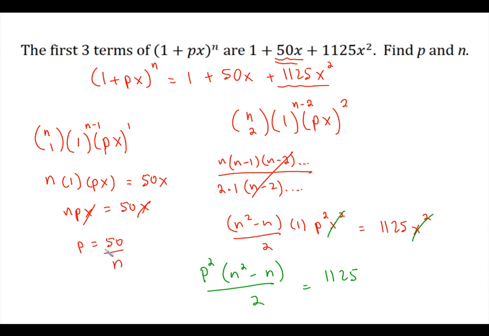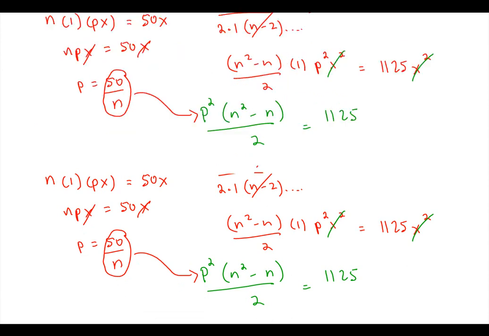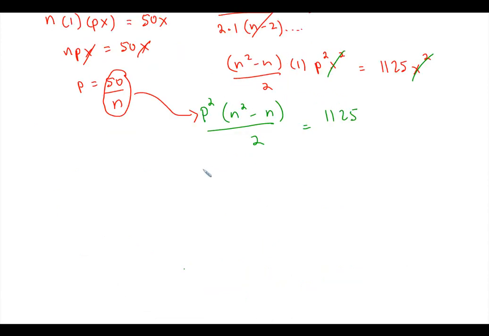Okay? So now that we know that p is 50 over n, we can substitute it in here. That way we can get the whole problem in terms of n. So this is going to give us (50 over n) squared times (n squared minus n) is equal to, now I'm going to multiply by 2 on both sides, so I'll make this 2,250.